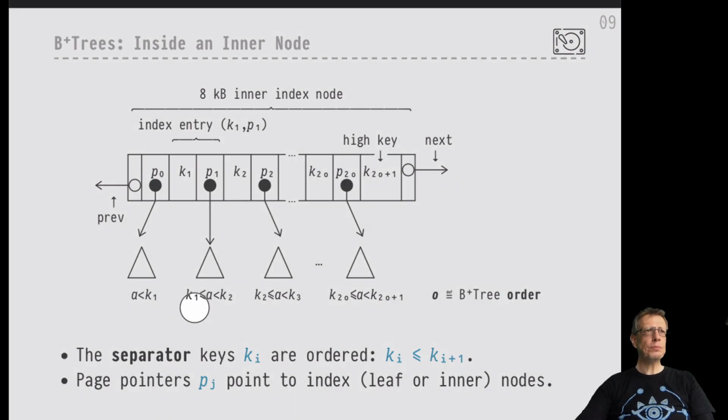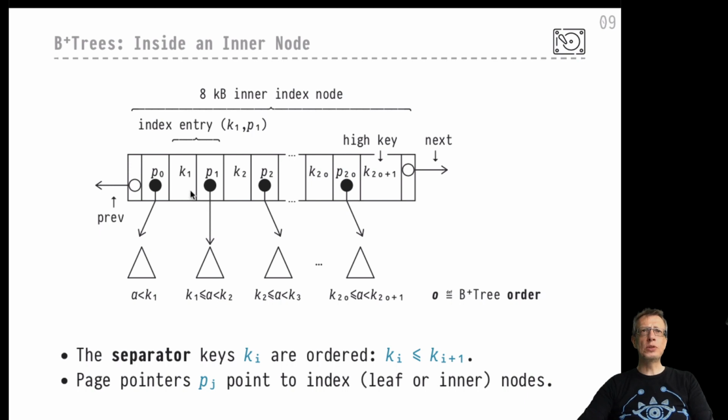Okay. The values inside this subtree, the values that are represented in this search subtree, their A values lie between K1 and K2, which are just the key values that frame this pointer inside the inner node. So K1 is here, K2 is here.